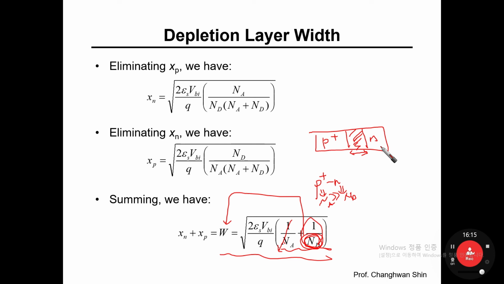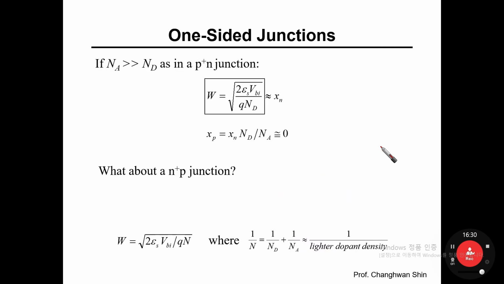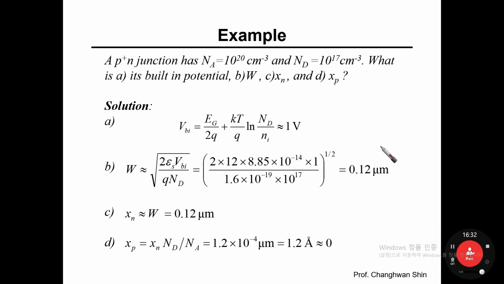Whenever you are taking a look at the one-sided PN junction diode or a MOSFET, the depletion layer should always be found and formed in the lightly doped side. Okay. I guess this example is very simple, so I hope you can solve this problem set by yourself.